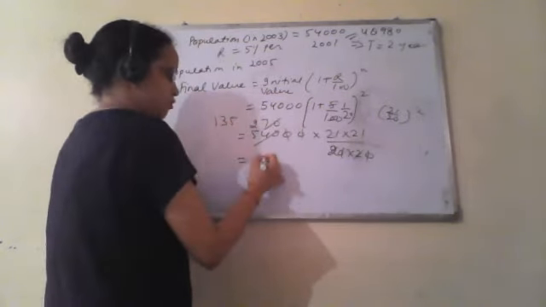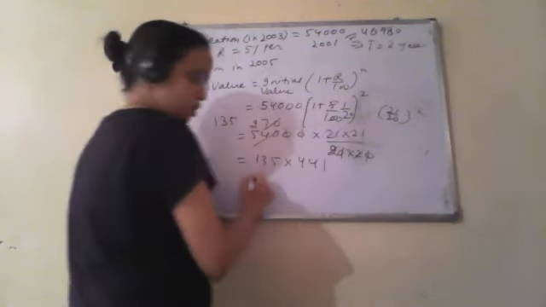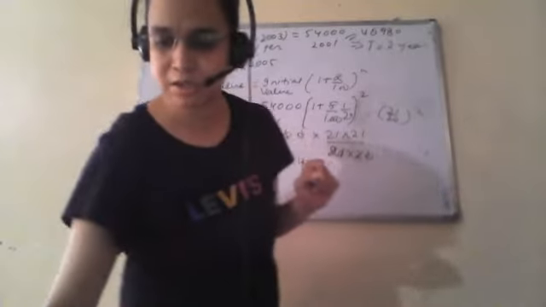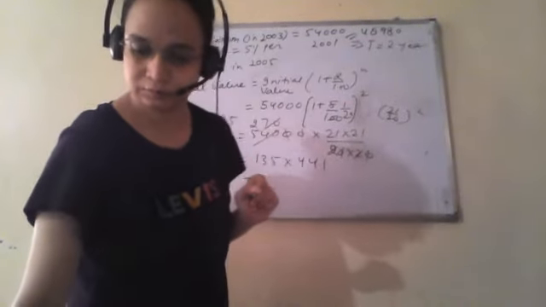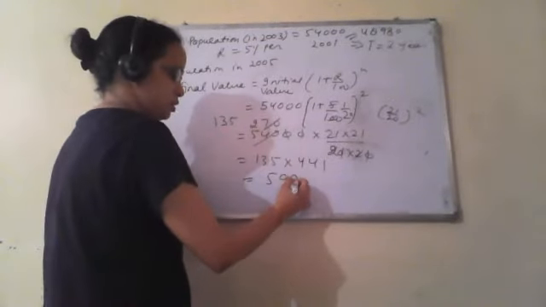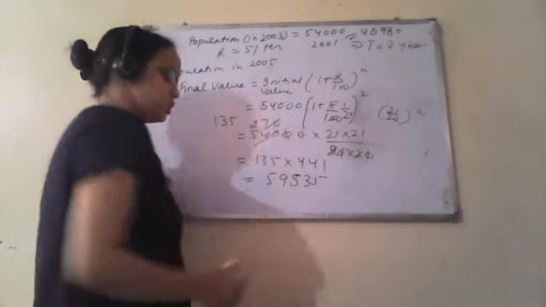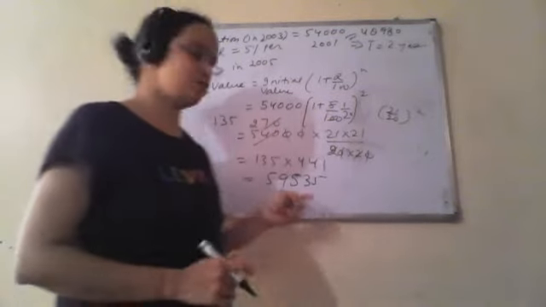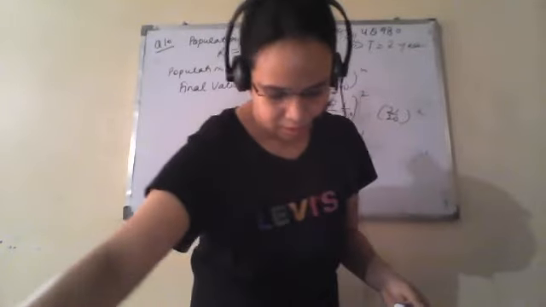So it is 135 into 21 into 21, which is 441. When we multiply, it is 59535. So the population in 2005 will be 59,535. Clear?